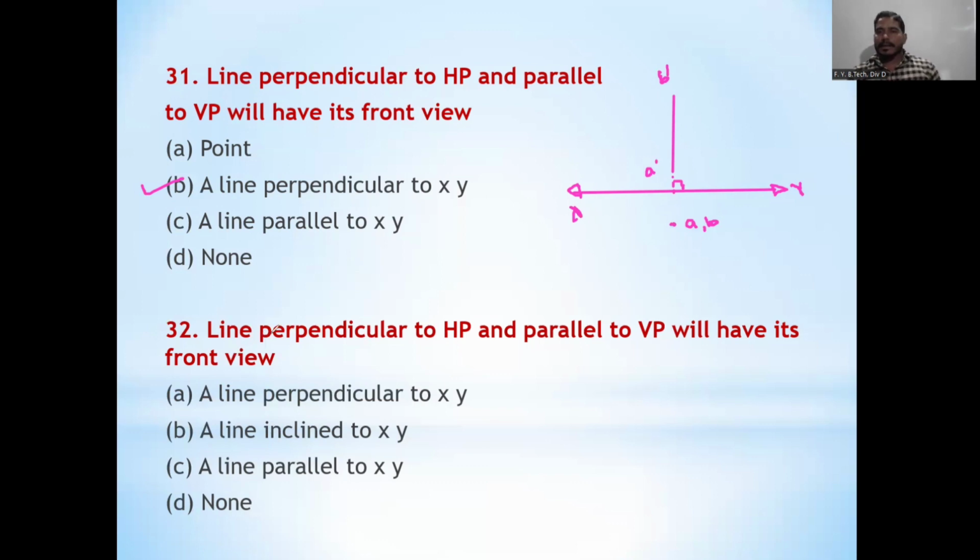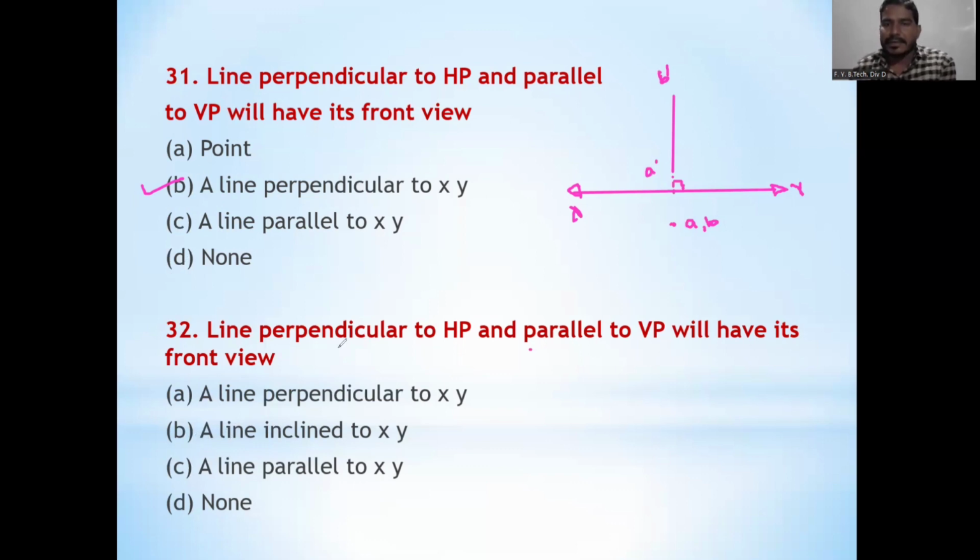Now next, a line perpendicular to HP and parallel to VP will have its front view. The same condition is there, only the options are changed.